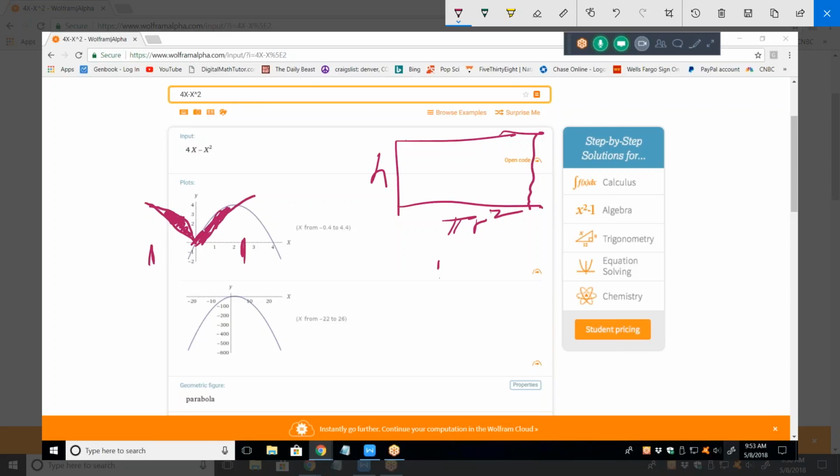So I have h pi r squared, which is this measurement right here, times dx.